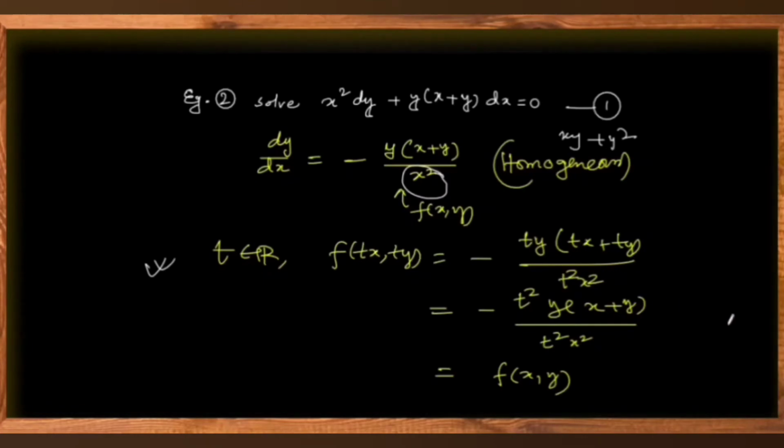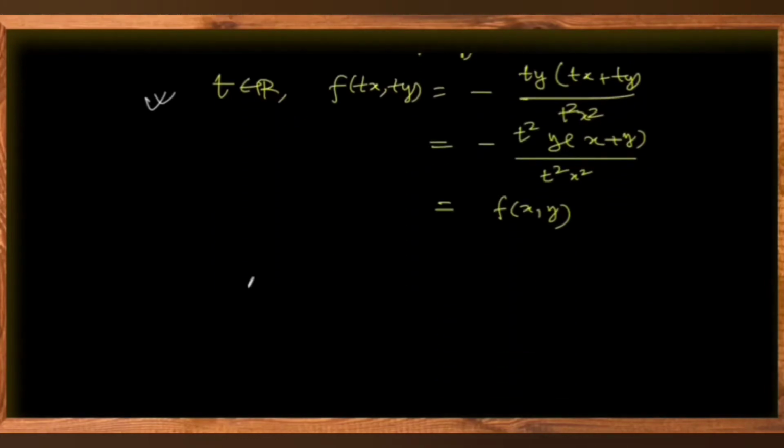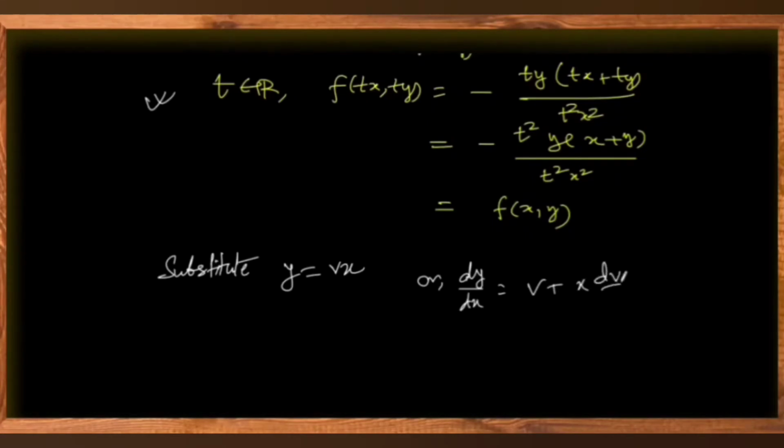We can do it by observation, but we have to write this formula in the sum. So it is a homogeneous equation, and we can substitute y equals vx. From here we will get dy/dx equals v plus x dv/dx.